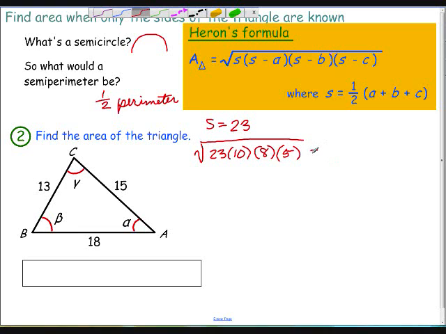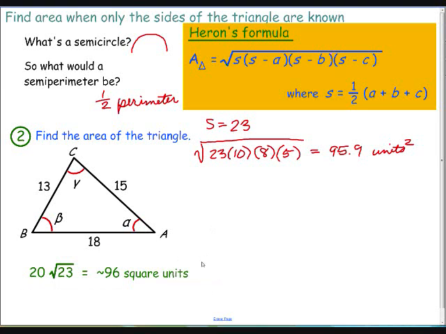So this equals 95.9. And this time I don't know what the units are. So I'm going to say units squared.